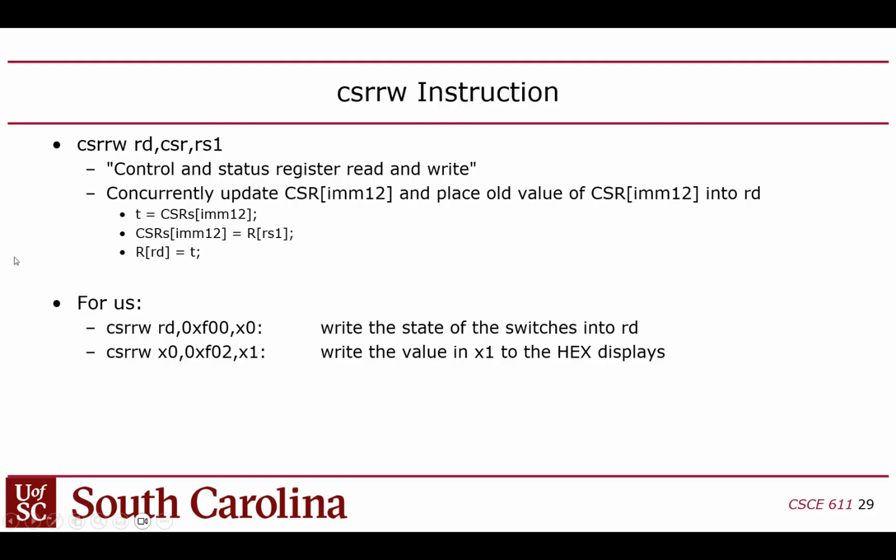And likewise, the actual numbers here are F00 is the switches. So if you CSRW F00, it puts the switches into RD, and it ignores the RS1 register there. And if you access F02, it takes whatever was in X1 and puts it in the hex displays, and in this case ignores X0, right? Make sense?